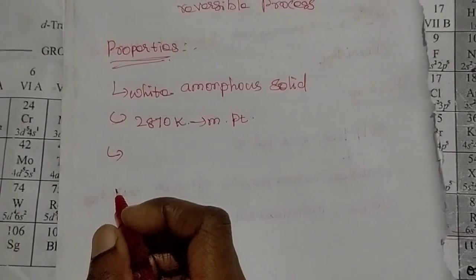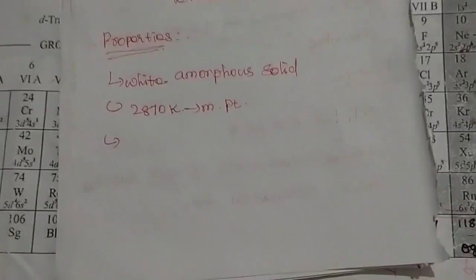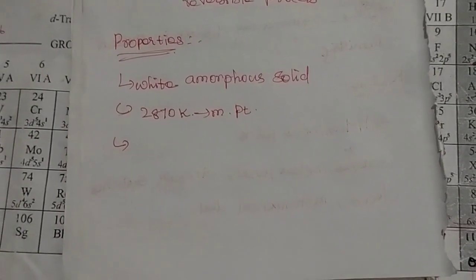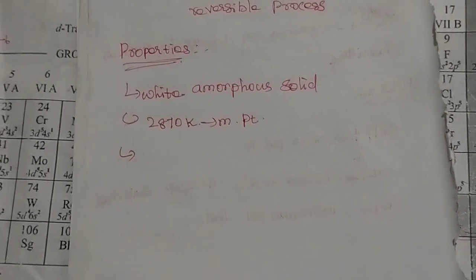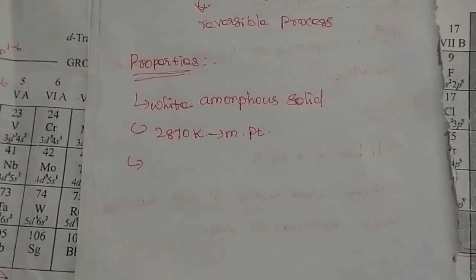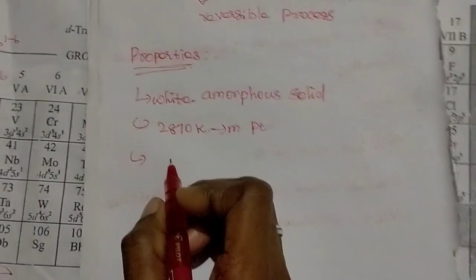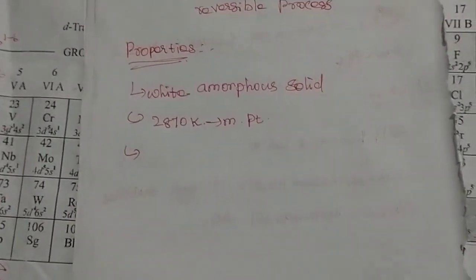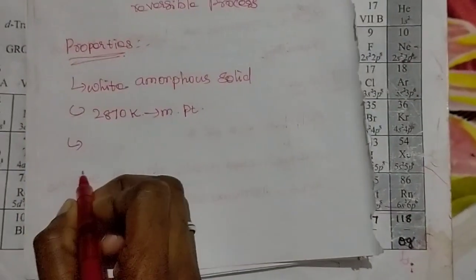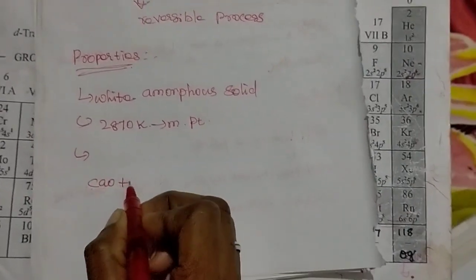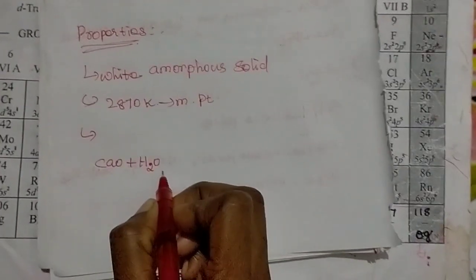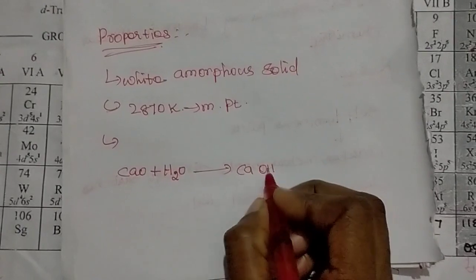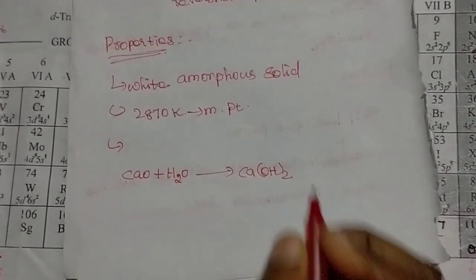When quicklime is exposed to the air, it can absorb moisture and carbon dioxide. Calcium oxide combined with moisture, that means water from the atmosphere, produces Ca(OH)2, calcium hydroxide.